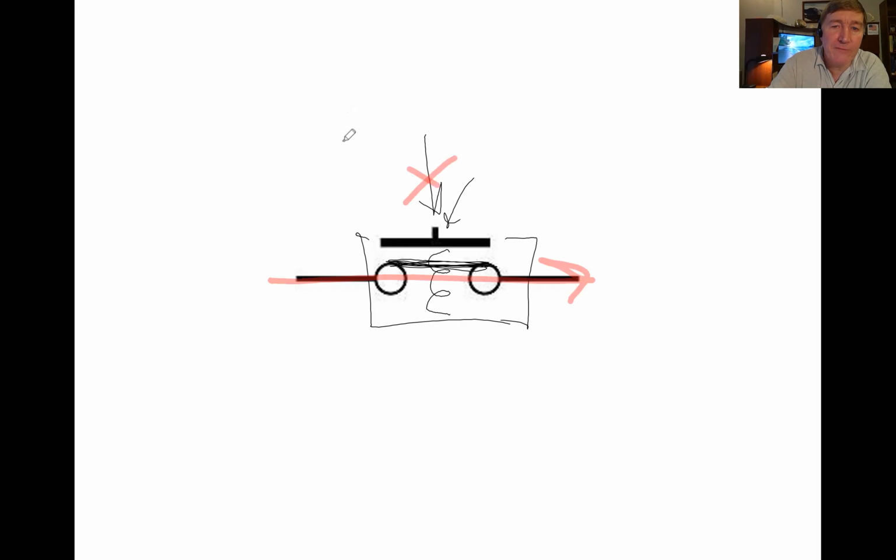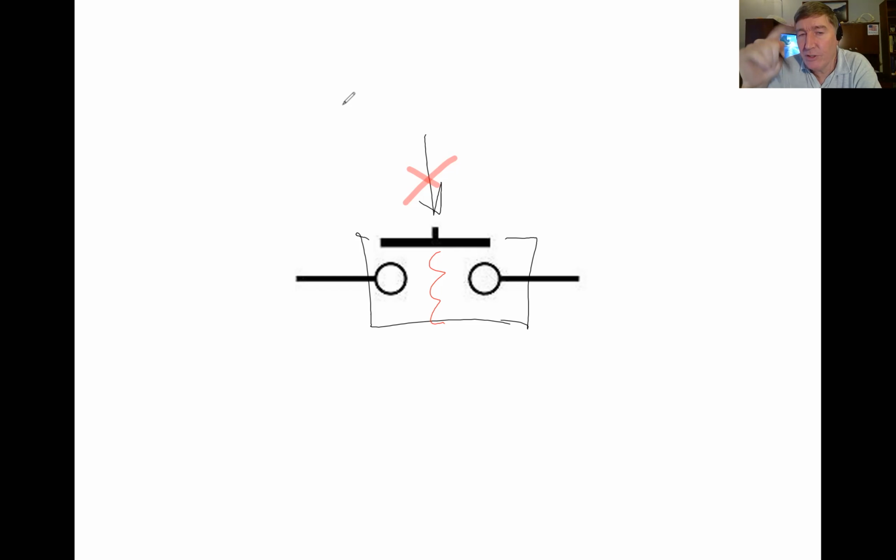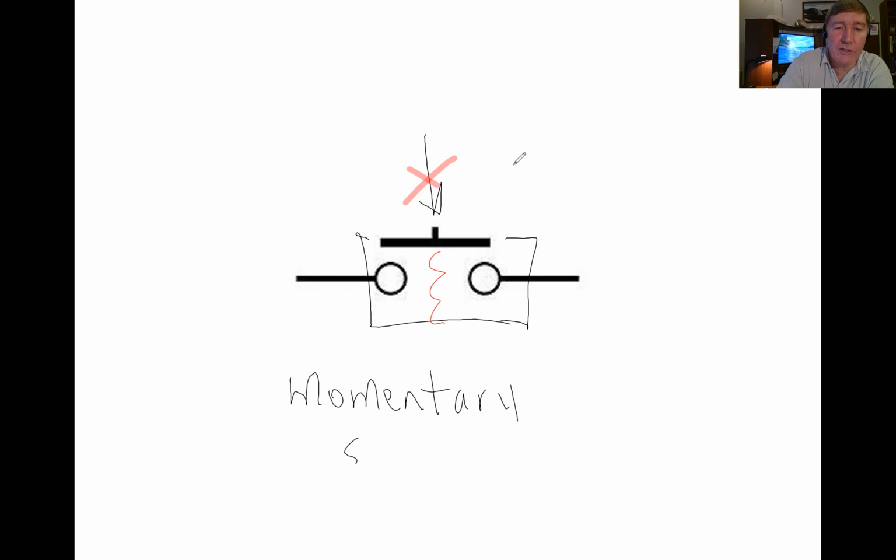As soon as you take your finger off the button, it's going to spring back to this position here, and once it springs back, the current cannot flow anymore. So this is a switch that is only on as long as your finger is pushing on the button. As soon as you release your finger, the electricity stops flowing. All right, so this is something that we call a momentary switch.